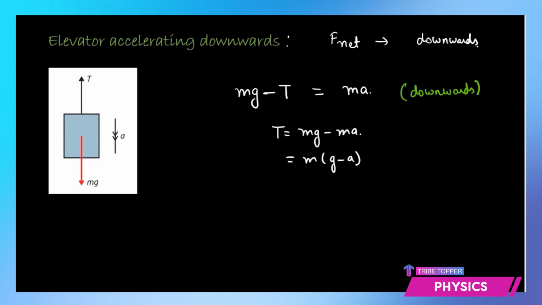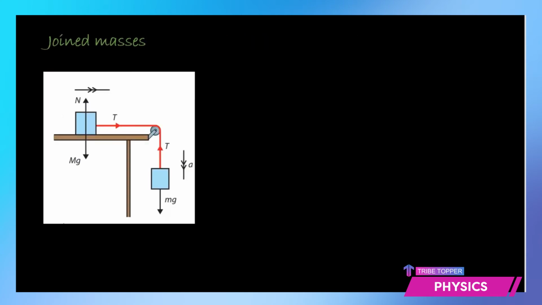So just from the simple fact that the direction of the acceleration is going to be in the direction of the net force, you can easily formulate an equation as upward minus downward force or downward minus upward force depending on the given situation. And now let's talk of these joint masses or connected masses.